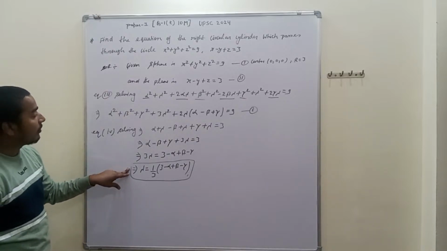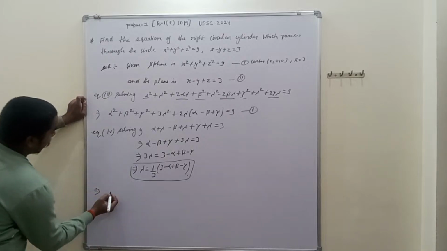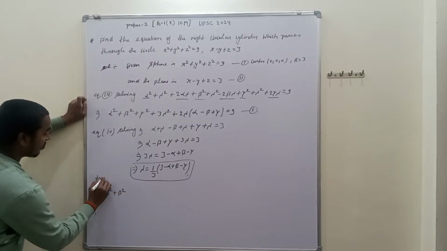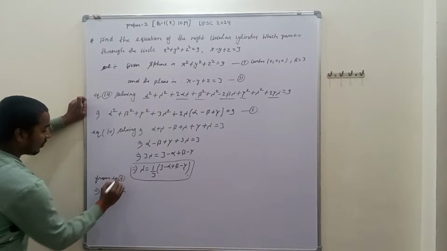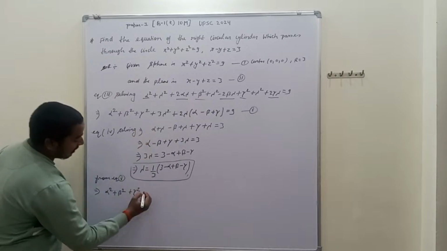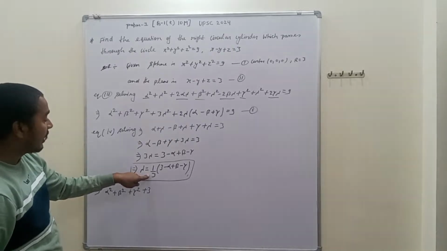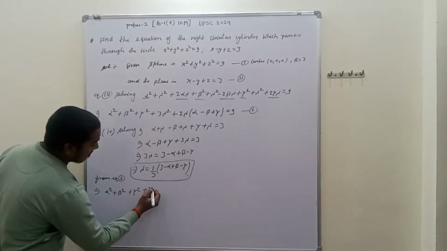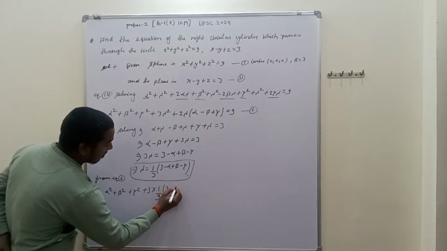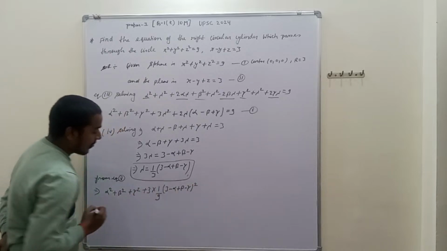We have to put the value of lambda into equation 5th, that is alpha square plus beta square plus gamma square plus 3 lambda square, and the value of lambda is 1 by 3. Lambda square is 1 by 9 into (3 minus alpha plus beta minus gamma) whole square.